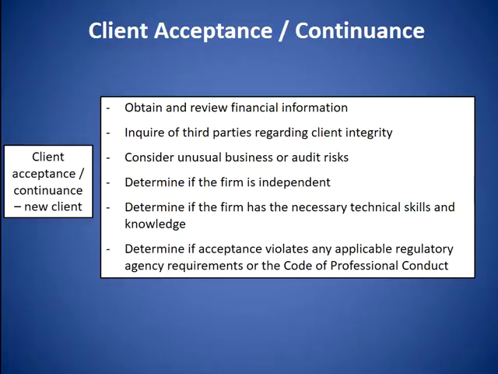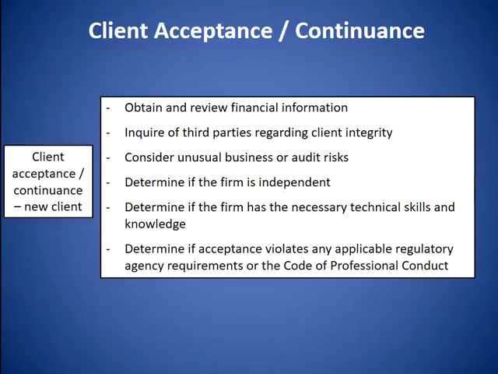Consider unusual business or audit risks. In other words, are they in a business that has considerable potential issues regarding the industry itself? Is it subject to significant fluctuations? In the case of an organization, let's talk about medical marijuana in Pennsylvania right now.